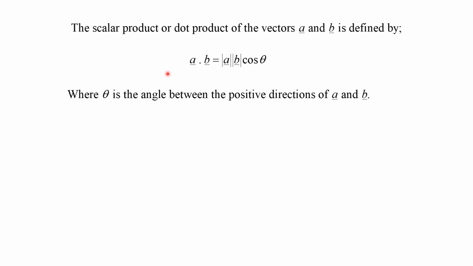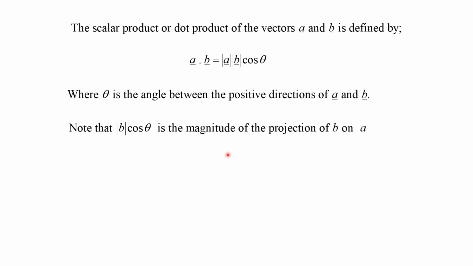It's simply the modulus of vector A and the modulus of vector B multiplied by cos theta. Right? So you can also use this formula to find the angle between two vectors. Okay, so theta is the angle between the positive directions of vector A and vector B.